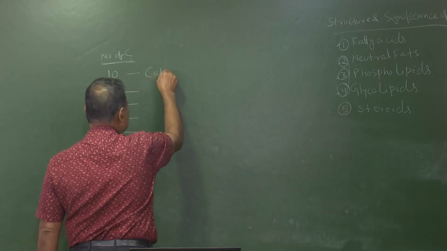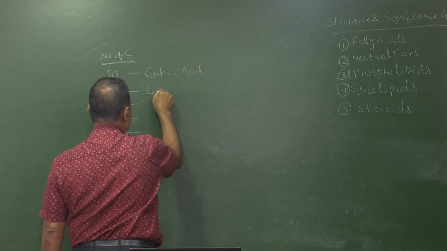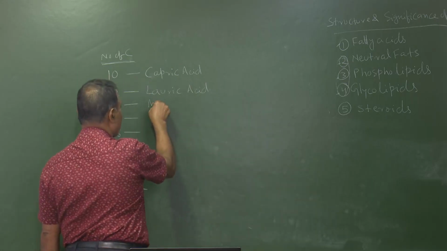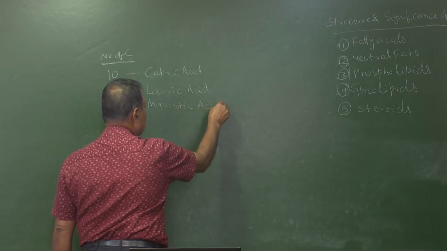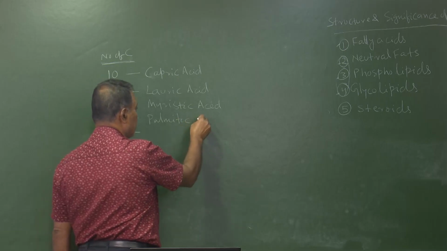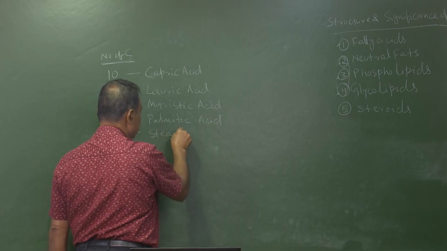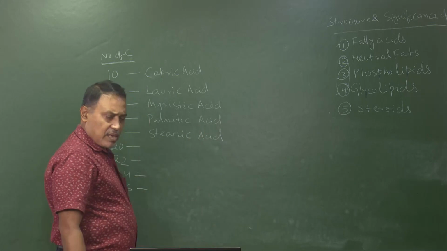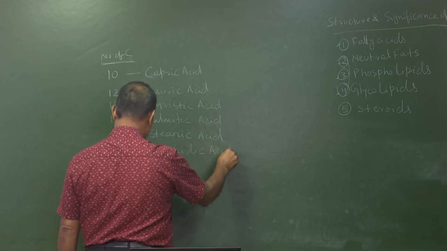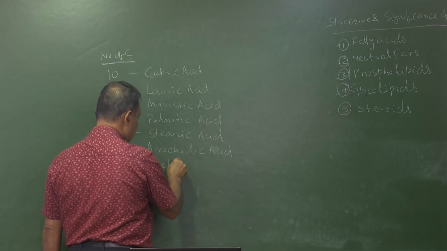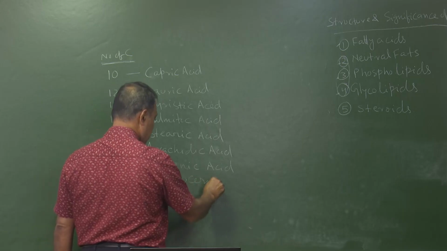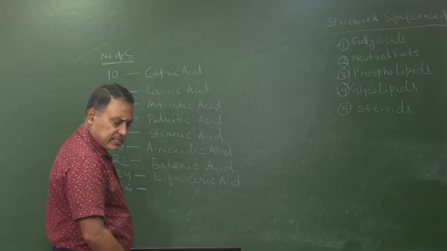So this is capric acid, then lauric acid, then myristic acid, then palmitic acid, stearic acid, then next is arachidic, next is behenic acid, lignoceric acid, and finally it is cerotic acid.